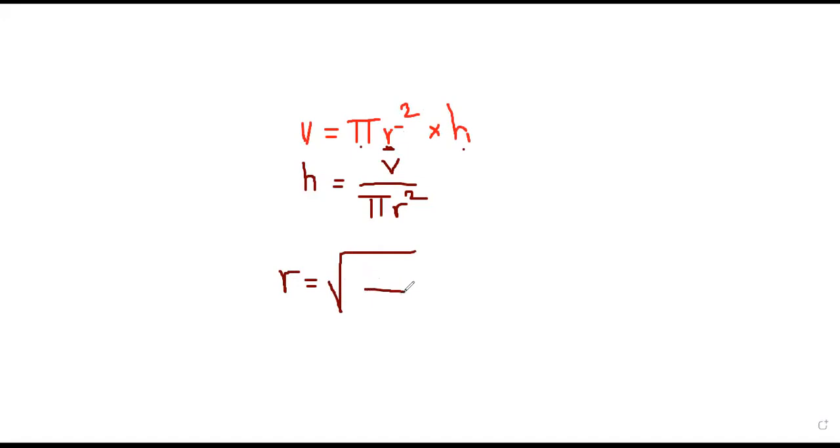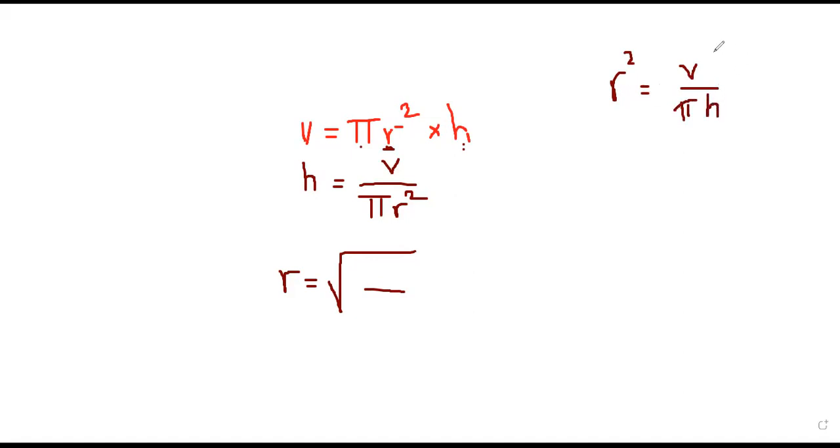Let me remind you and the rest of the class. If you want to find r, you can work step by step. We want to keep r squared, so we have to remove anything next to it, like V and h and pi.